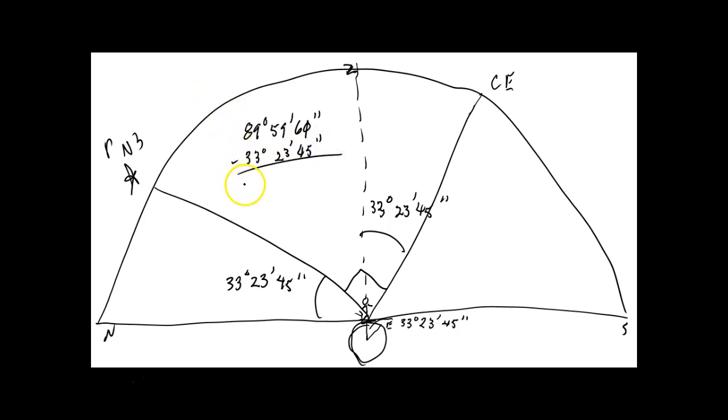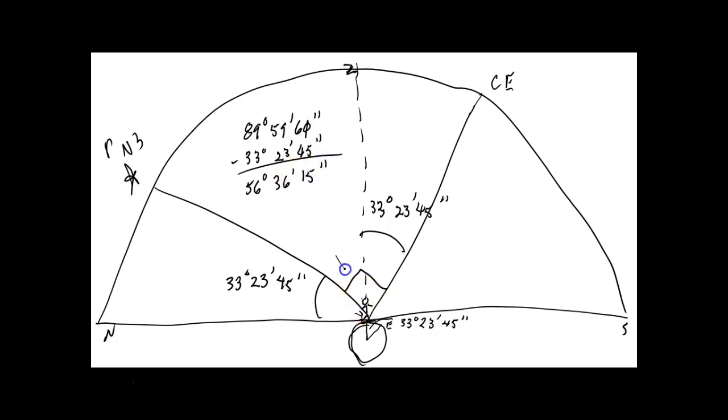And what's that subtraction give you? It's not that hard. Anybody? That's 56 degrees, 36 minutes, 15 seconds.